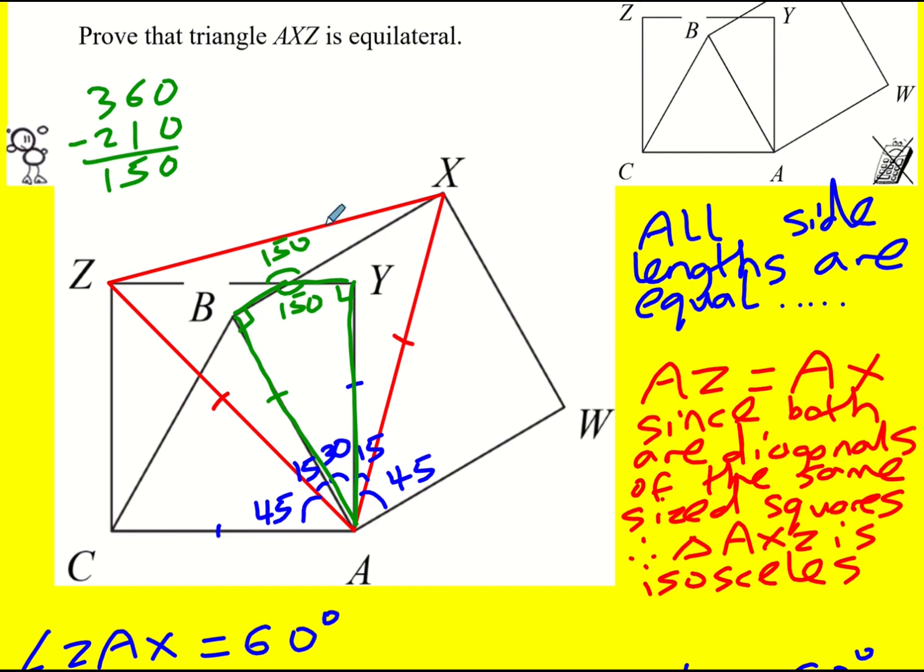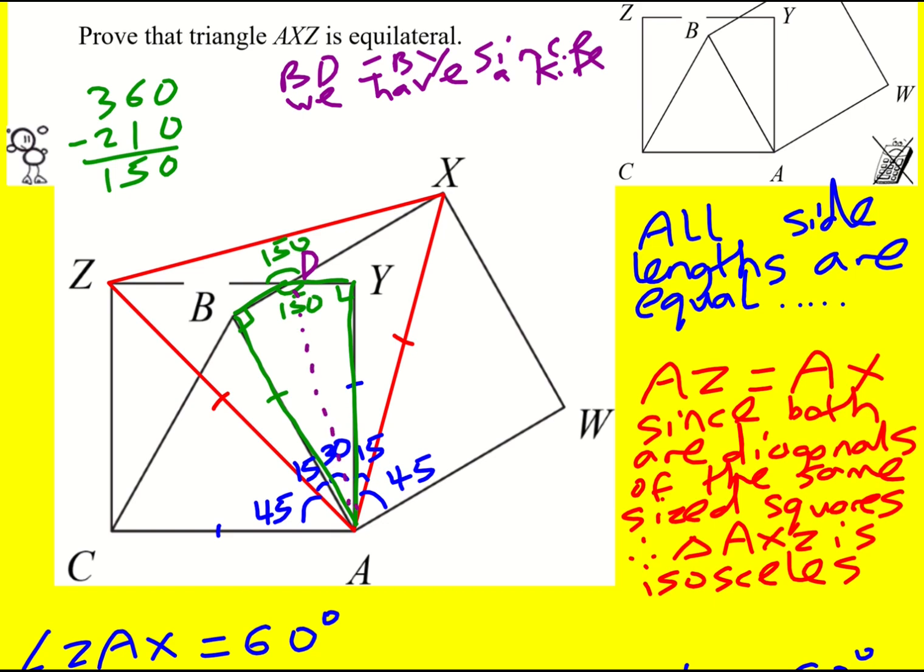And then because I'm going to give this point a name now. BD is equal to BY since we have a kite. If you wanted to prove that, you could draw a line down here and show that they are congruent, but I'm not going to do that here.